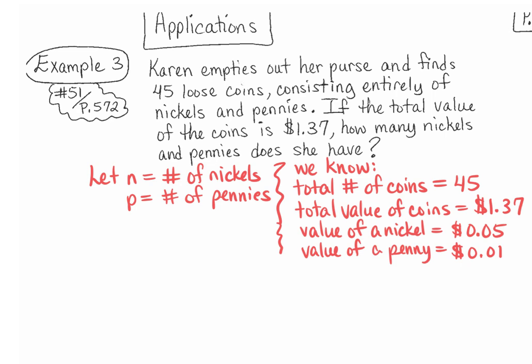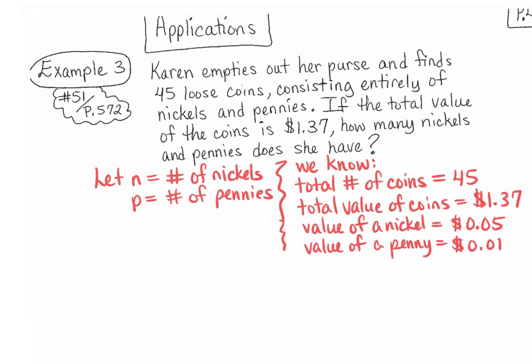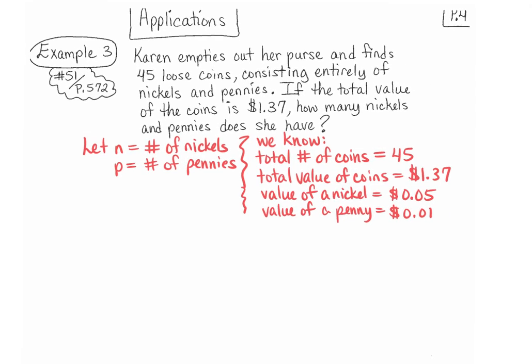So let's set up our system. Can you tell me an equation that we have in our system? 5 times N? Where's the 5 coming from? Value of a nickel. What's the value of a nickel? 0.05.